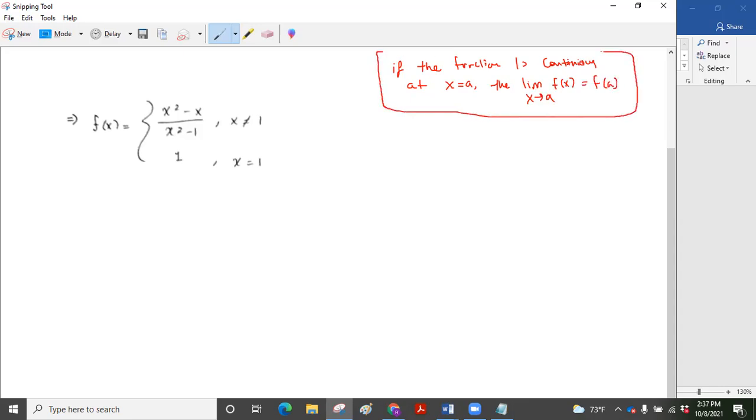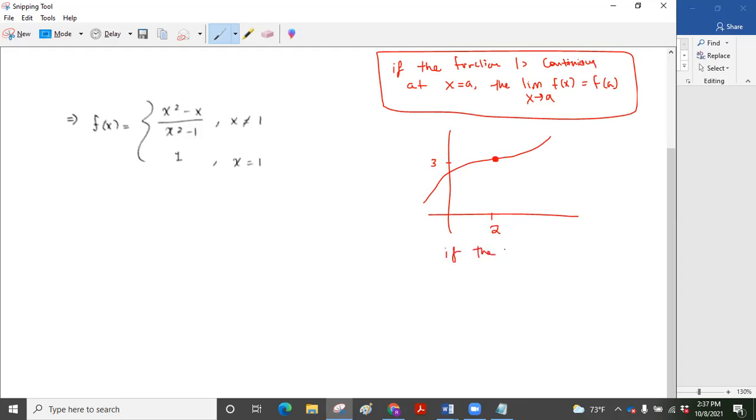So basically what I'm trying to say is that, if I had a function like, let's say, some random function, and this was 2 and this was 3. So if the function is continuous at x equals 2, then the limit as x approaches 2 of f of x should be equal to f of 2.